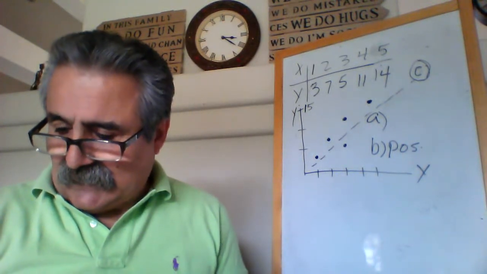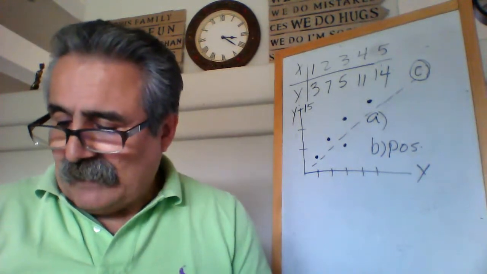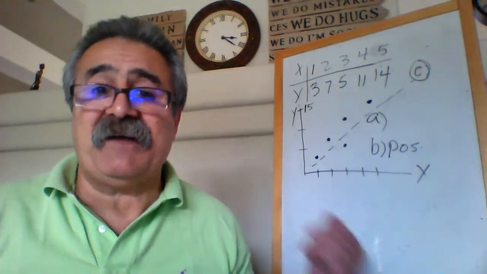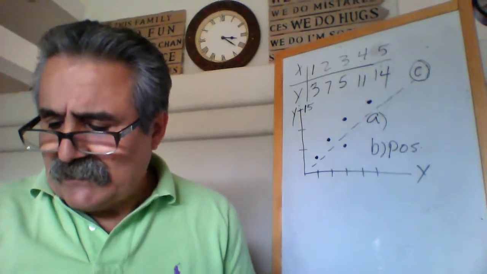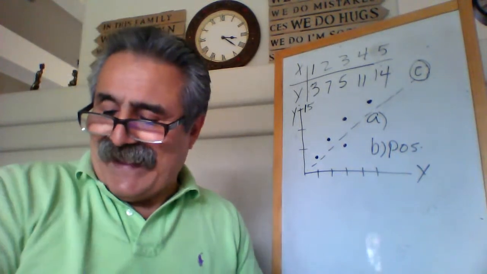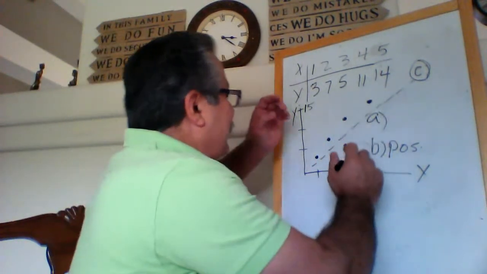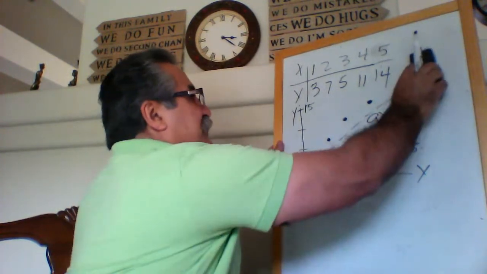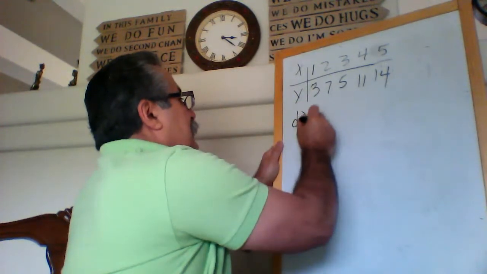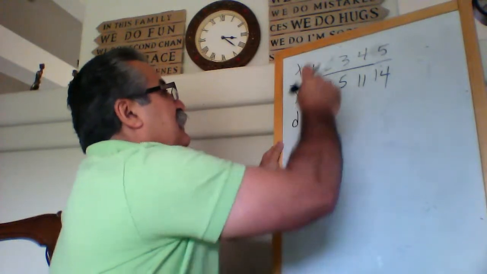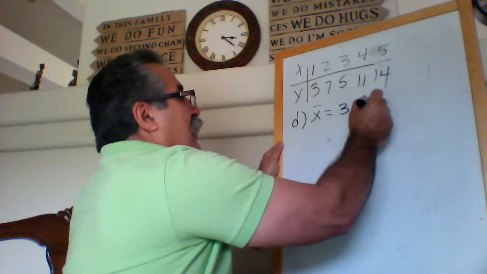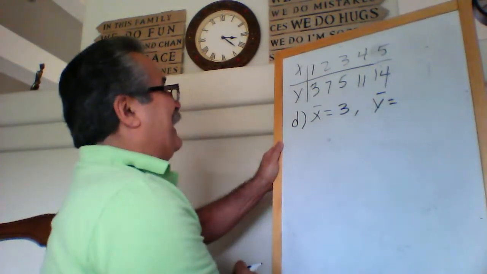All right? I did go through those calculations of xi minus x bar, yi minus y bar, and xi minus x bar squared in my first example with 3 variables. So in here, we just try to put in the values. First, we have to find x bar and y bar. So now we're going to go to part D. For part D, x bar is equal to 3, and y bar, I think it's equal to 8.